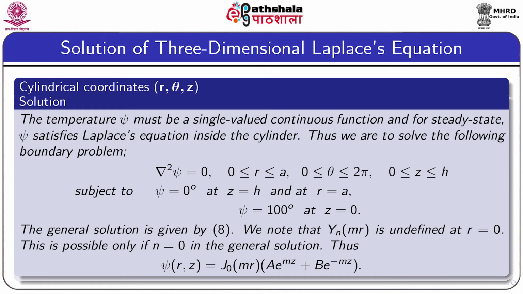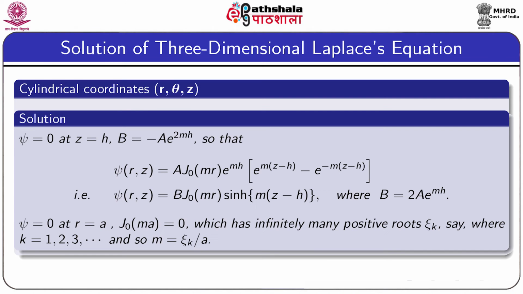That solution is written here, but we have adjusted the constants in this way: J0(mr) into (A e^(mz) + B e^(-mz)). Now, if we use the boundary condition ψ = 0 at z = h, then we get the relation between A and B as B = -A e^(2mh).